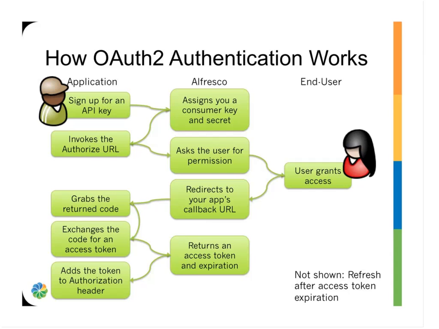In my case, I am using the Google OAuth client, an older version that has a constant in the code where you can put your token and your secret. Then when you invoke that authorized URL, the user will be shown a page that asks them for permission for your app to use their account. The user grants access. We then redirect back to your application's callback URL.